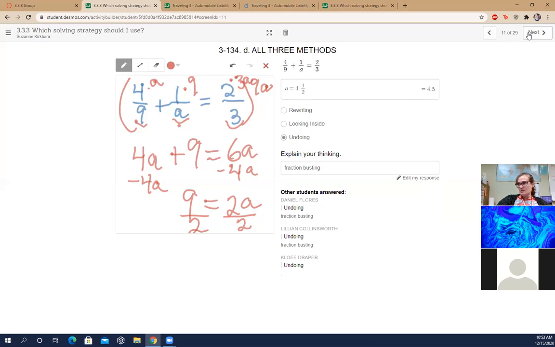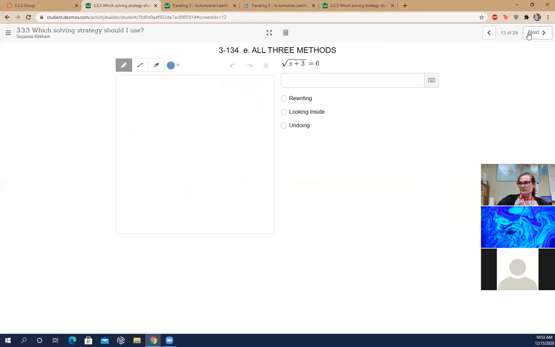All right, page 12. All right, page 12 says the square root of x plus 3 equals 6.